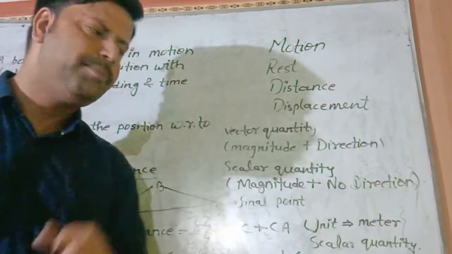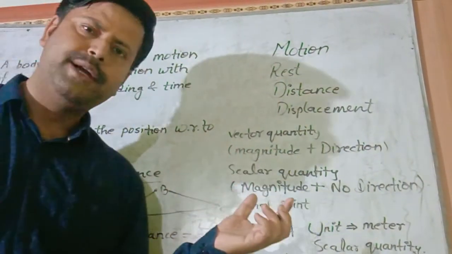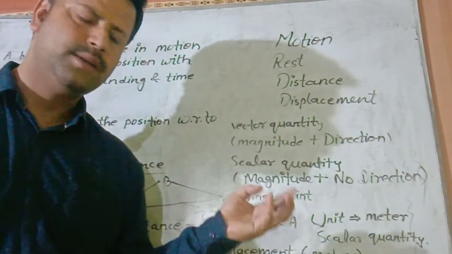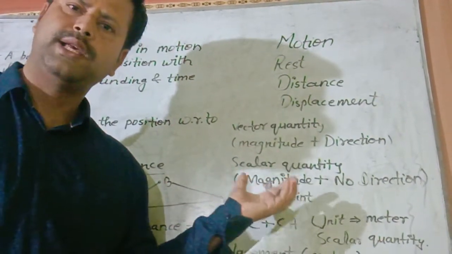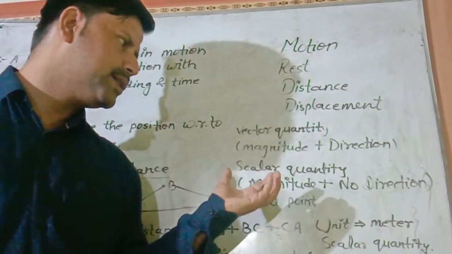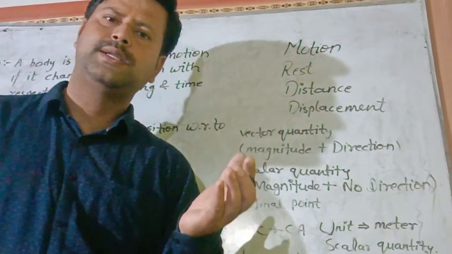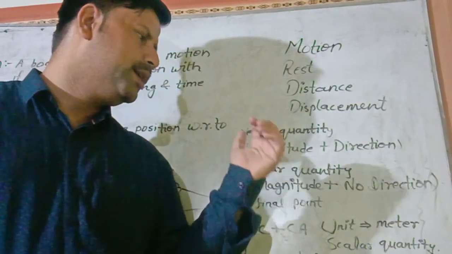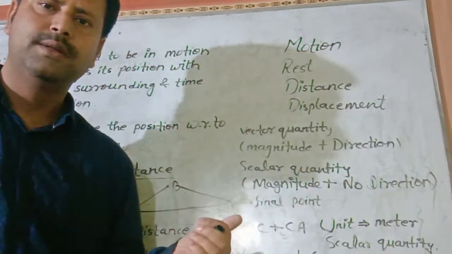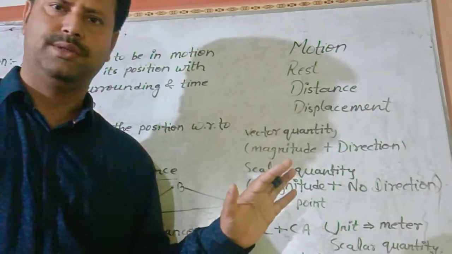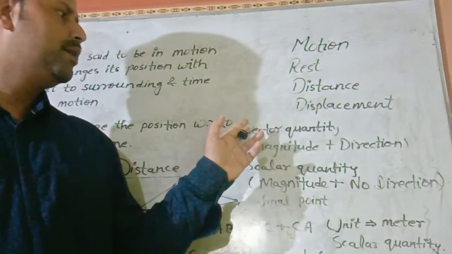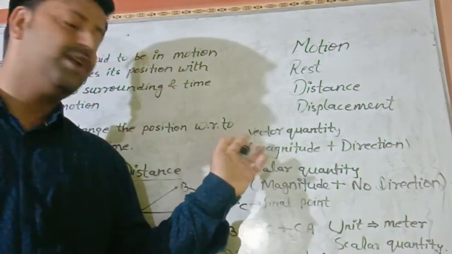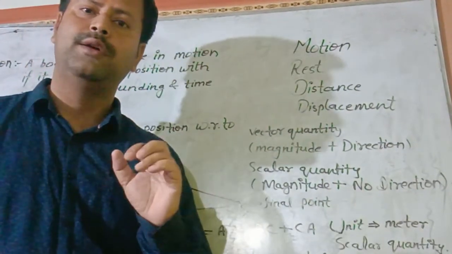Clear? For example, mass and speed are scalar quantities, because the unit of mass you know is kg, and the unit of speed you know is meter per second. There is no direction. But in weight and in velocity, direction is required.